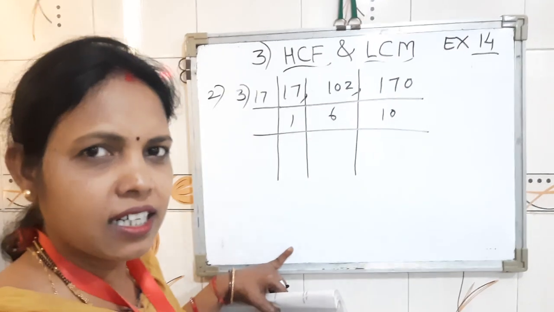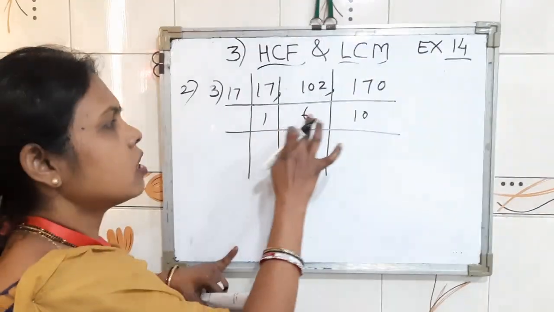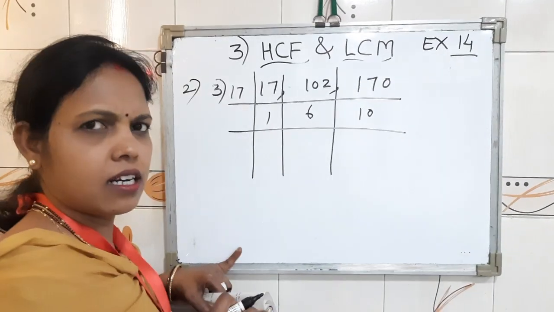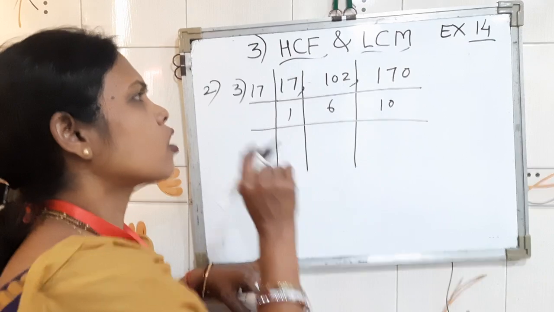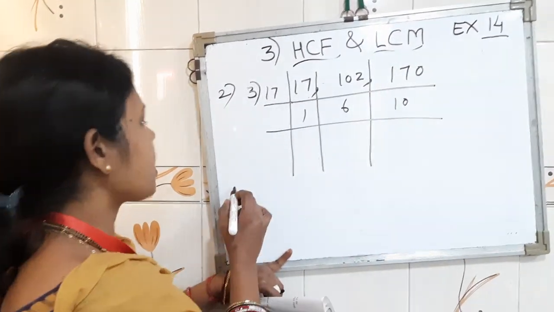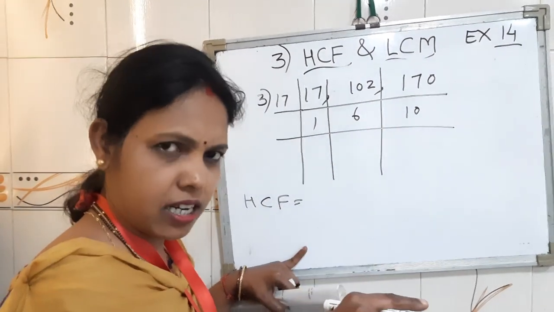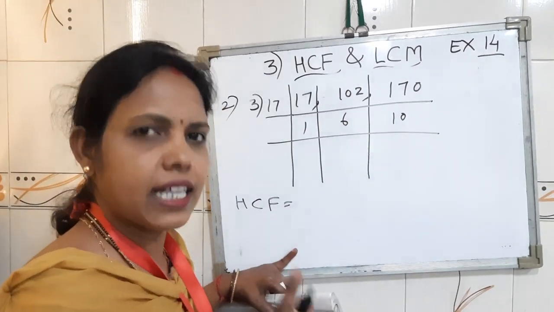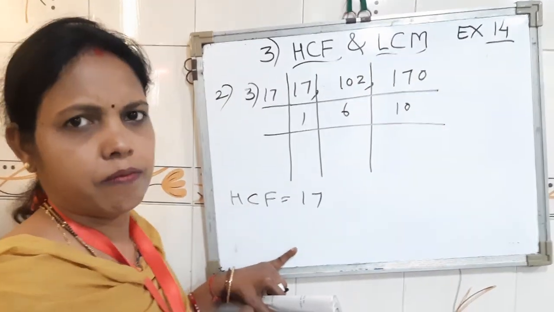Isn't it? So children, now here we got 1, 6 and 10. As we can identify, the common factor here is only 17. Therefore, write down the number which is the common factor. That one will be your HCF. Therefore, your HCF is equal to 17.